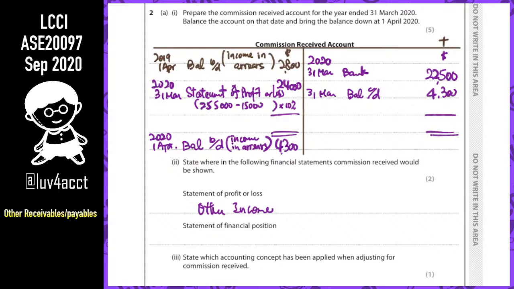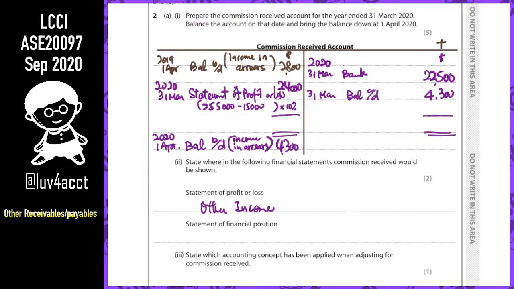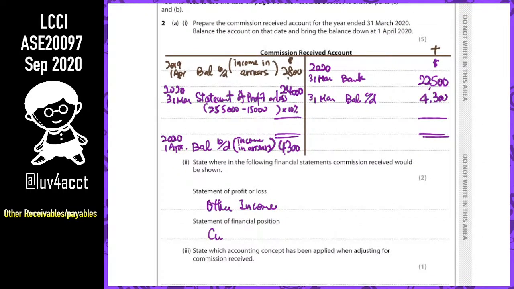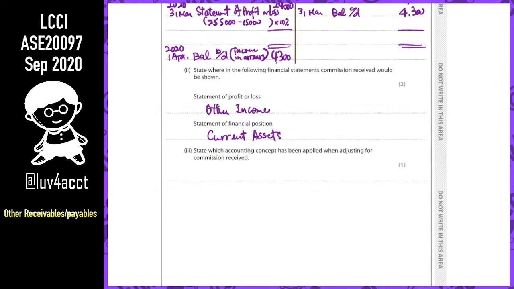And in the statement of financial position, it would be under current assets, other receivables. State which accounting concept has been applied when adjusting for commission received. Of course, accruals concept. Or, interchangeably, you can also use matching principle.